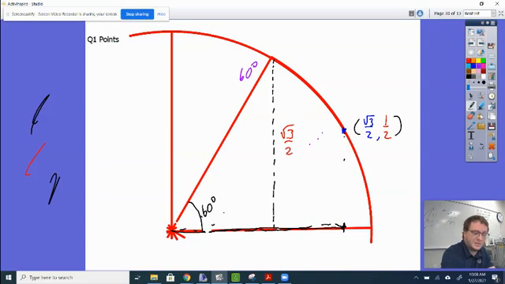My distance to the right then must be that 1/2, because this is always 1. So then to get to the point up here, I need to go right 1/2, and I need to go up square root of 3 over 2. So that gives me those 2 points.